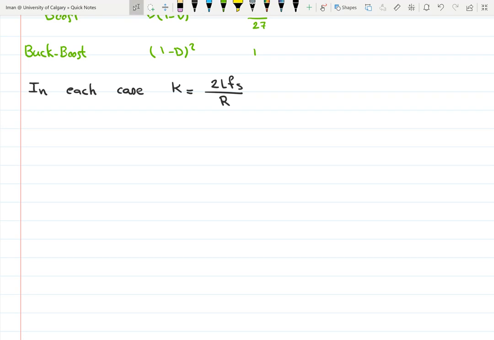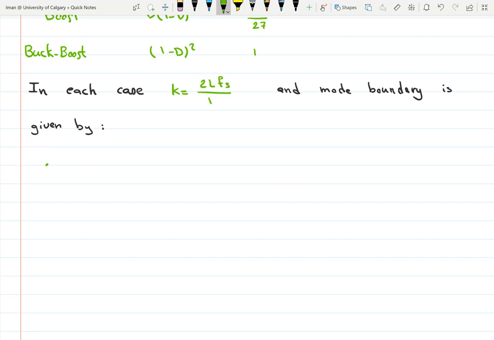And basically the mode boundary is given by K greater than K critical of D for CCM, and then K less than K critical of D for DCM.